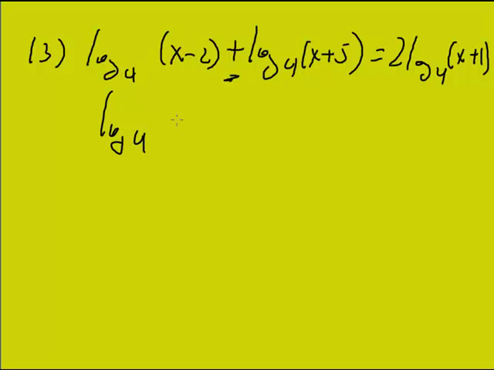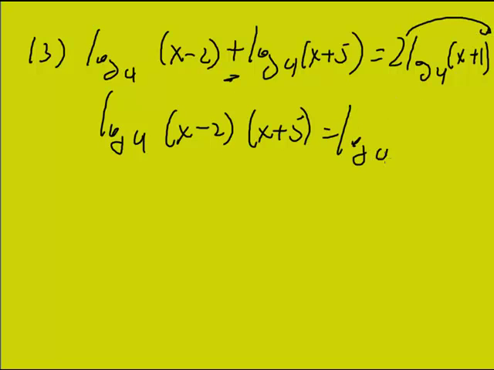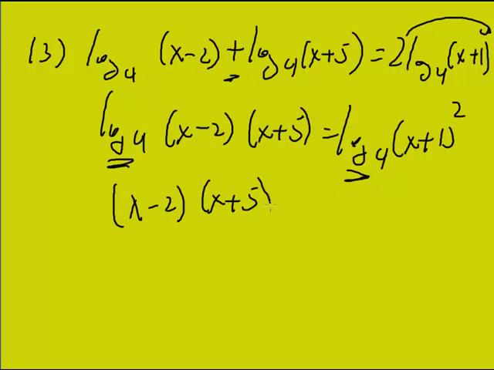So log base 4 of x minus 2 times x plus 5 is equal to, this becomes an exponent, so you have log base 4 of x plus 1 quantity squared. This matches up with this, so that means x minus 2 times x plus 5 has to equal x plus 1 squared.